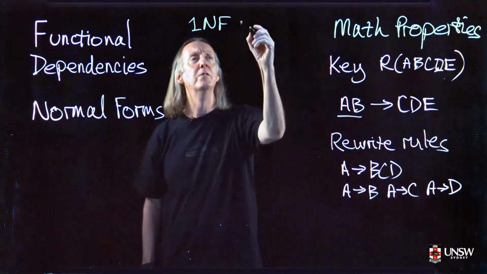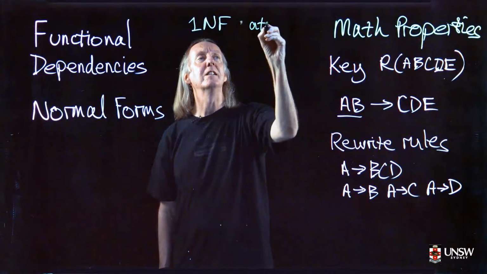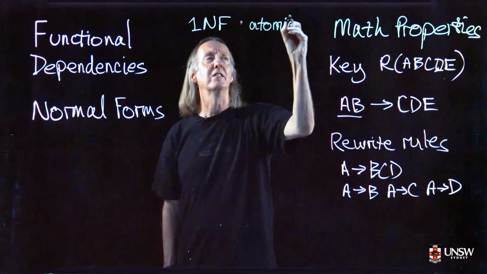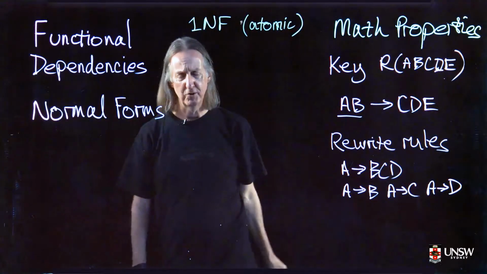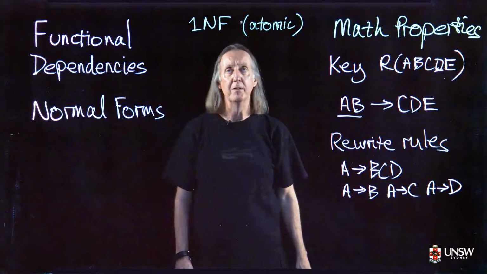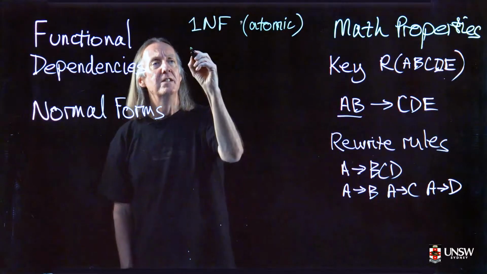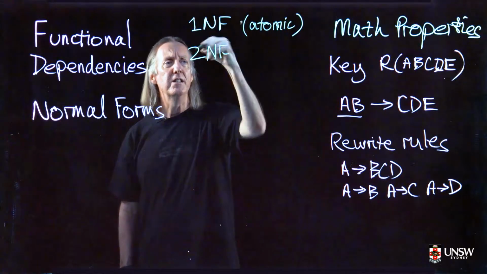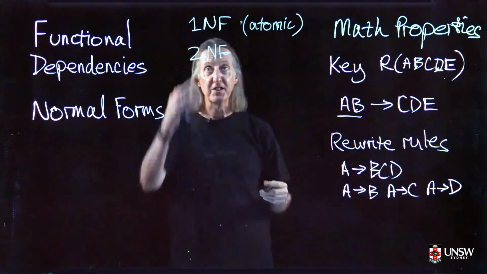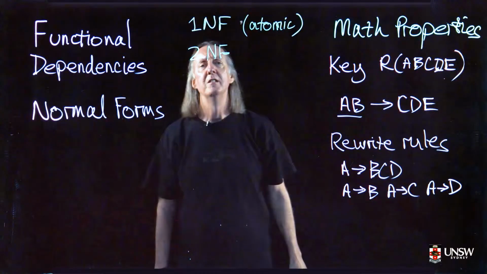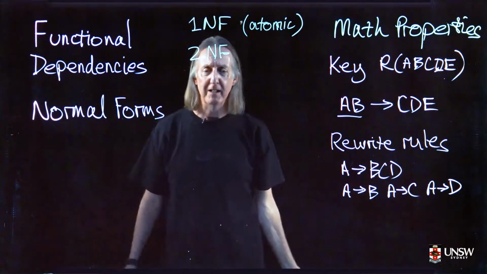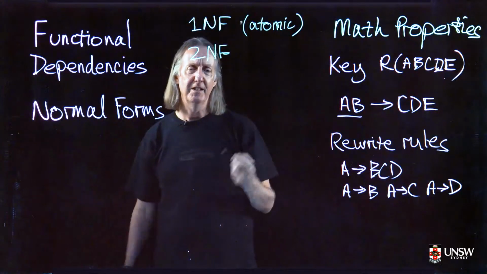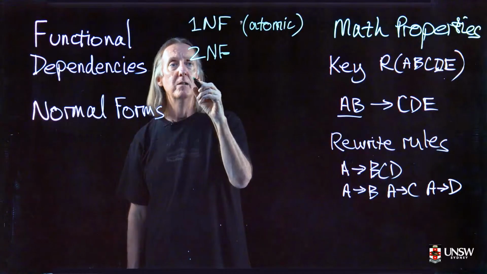Basically, all it tells you is that a schema is in first normal form if all of the attributes are atomic, which is kind of what we assume with the relational model anyway. Then there's second normal form, which basically just talks about keys. These two normal forms aren't interesting. If we've got a schema in one of these two normal forms, we're not going to be particularly happy because it would have the redundancy properties that I talked about before with the attendant update problems.